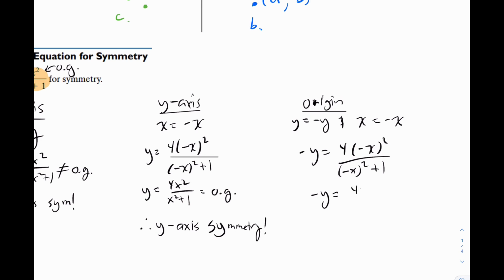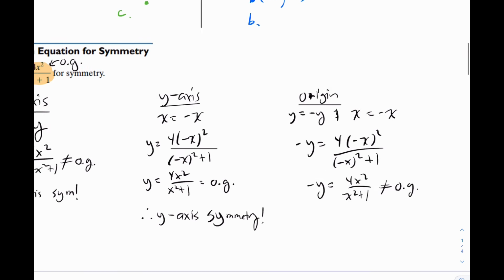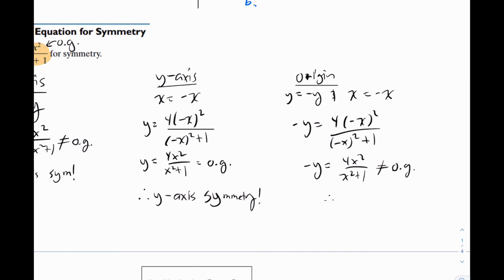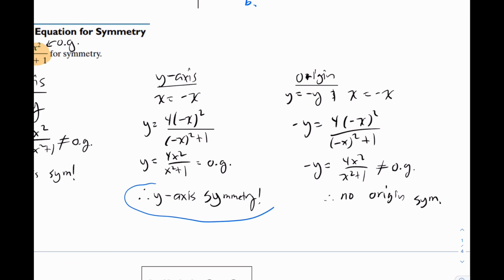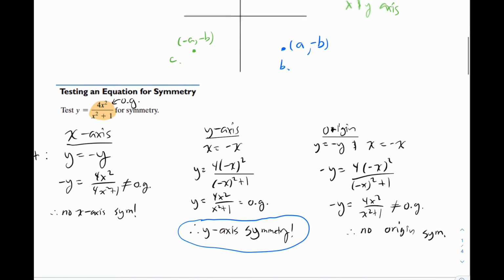Negative y equals 4x squared over x squared plus 1. Again, we can see this is not the OG function. Therefore, there is no origin symmetry. So y-axis symmetry is the only type of symmetry this particular function has. And that's it. So good luck on the rest of the questions, and bring any questions you have to class.